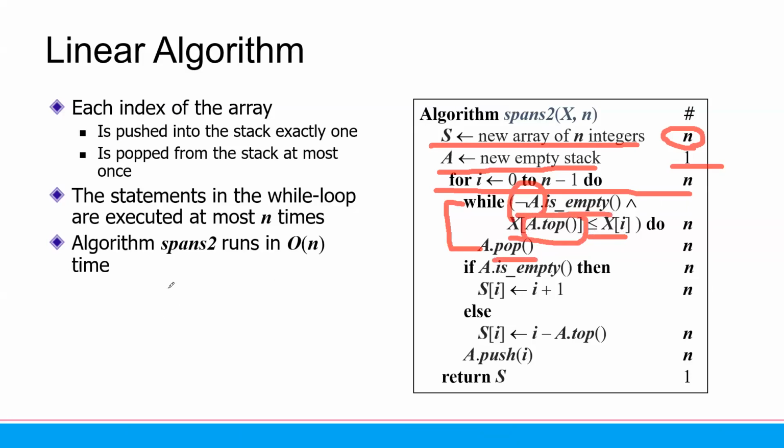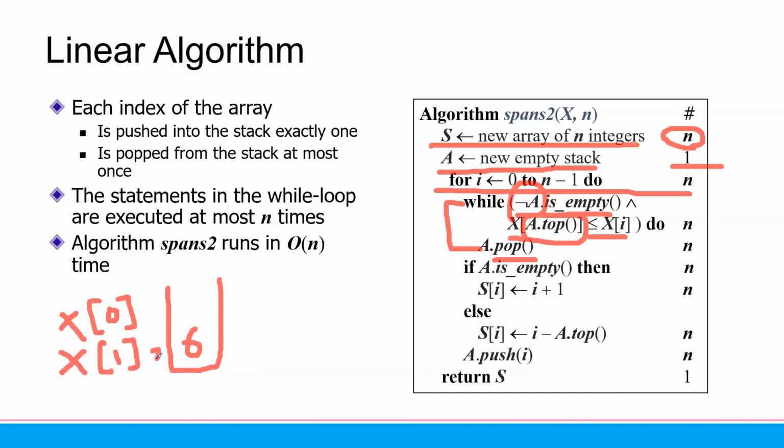So if you have the value of index 0 as 6, and the value of index 1 is 3, is 6 less than 3? No, then we do not pop. So we just check only one time.